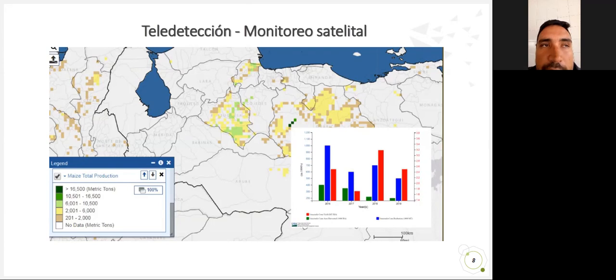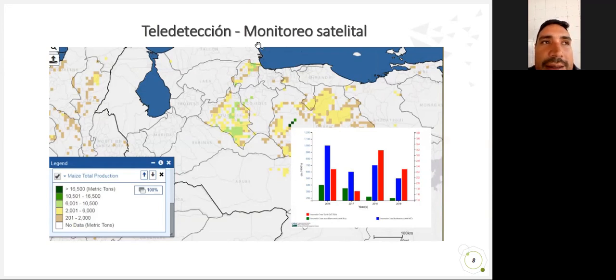This is a platform from USDA. Its name is GADAS, and it is a useful tool to see how our crops are developing in Venezuela, because we have a big problem in Venezuela.